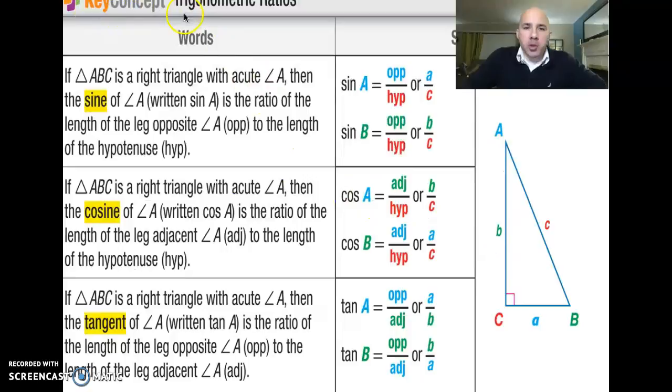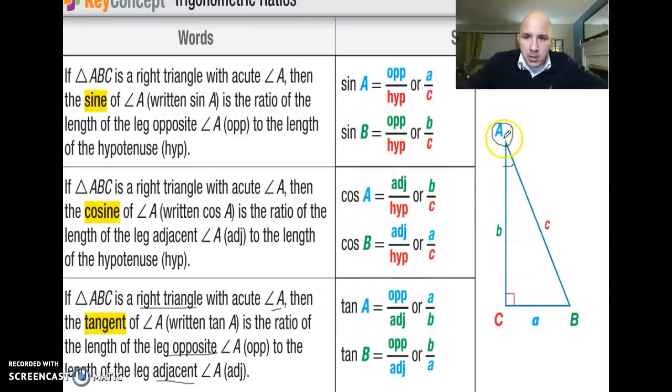The last trig ratio for this slide is tangent. Triangle ABC is a right triangle, again it has to be a right triangle, with an acute angle A. So here goes my acute angle A. The tangent of angle A is the ratio of the leg opposite to the leg adjacent.